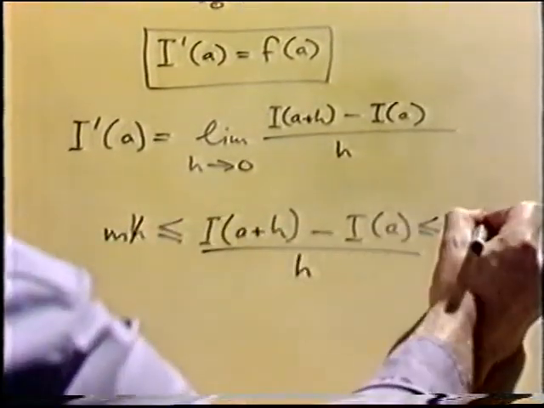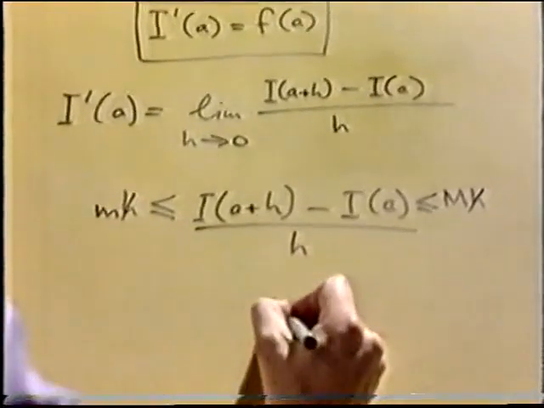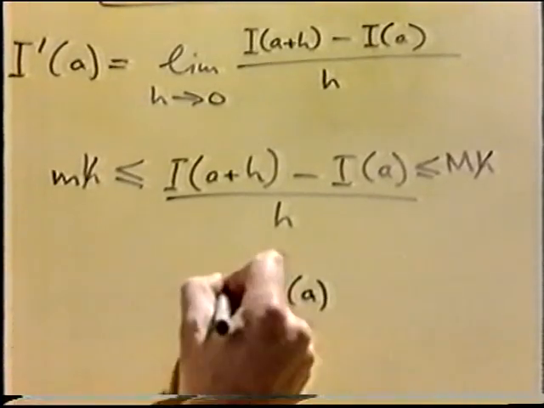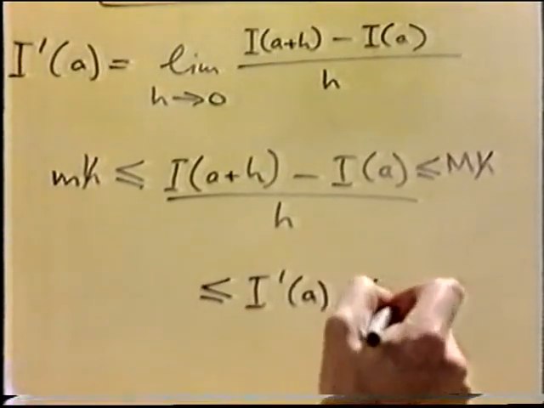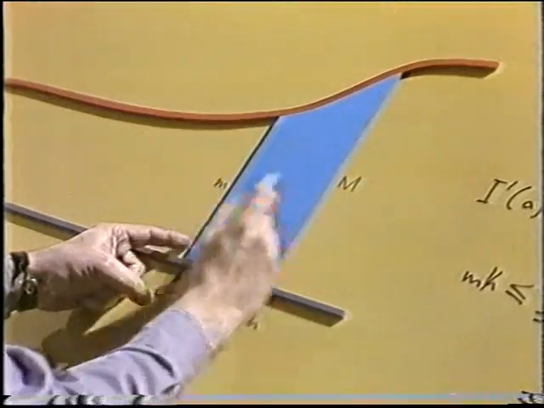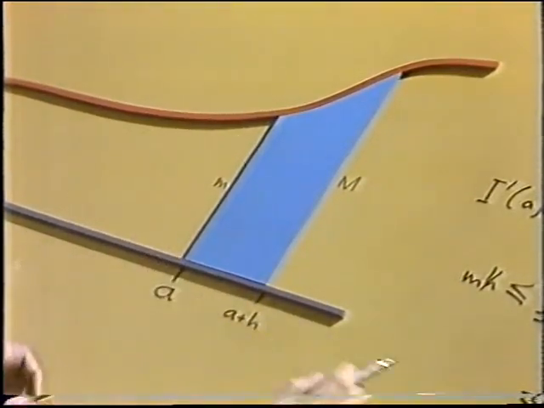And now all we have to do is take the limit. The limit of this middle bit is I prime of a. What about the other terms? Well, as little h tends to 0, both little m and big M tend towards f of a. So I can write f of a for the limit of both of them.